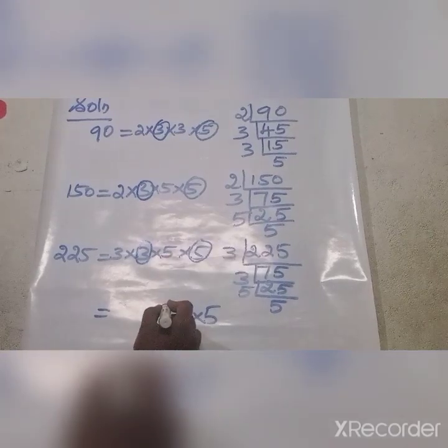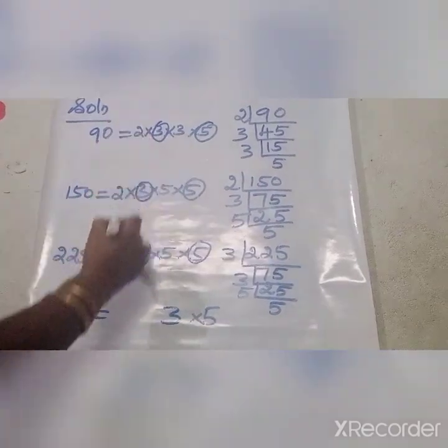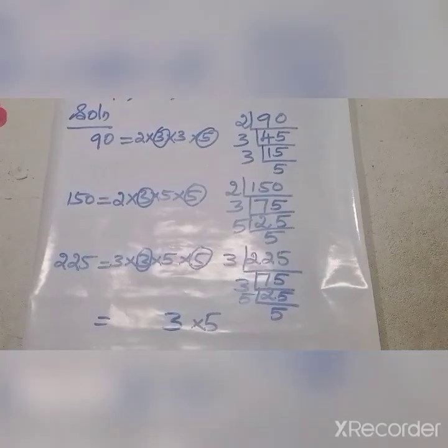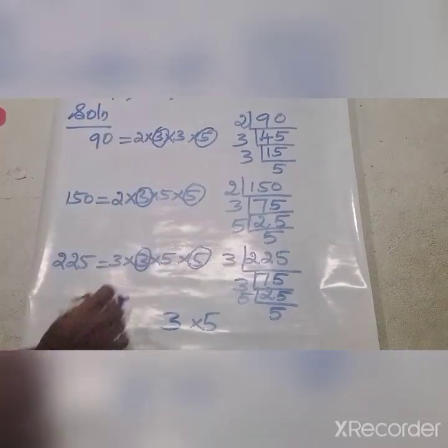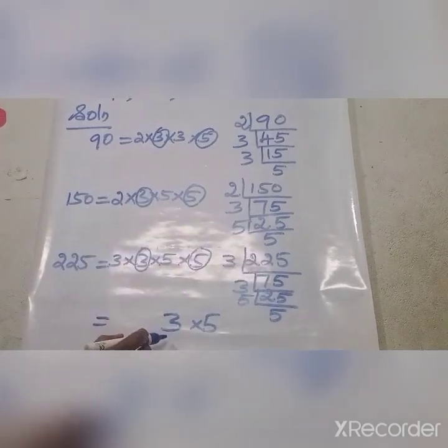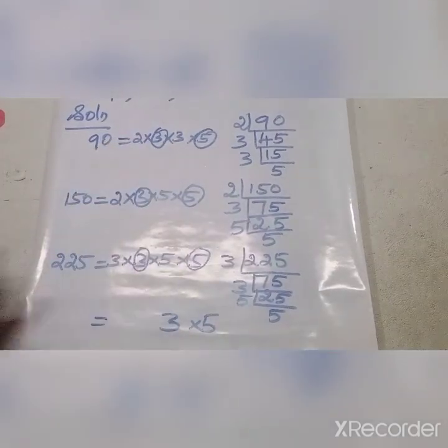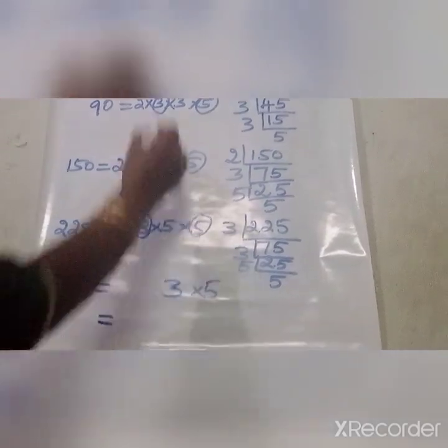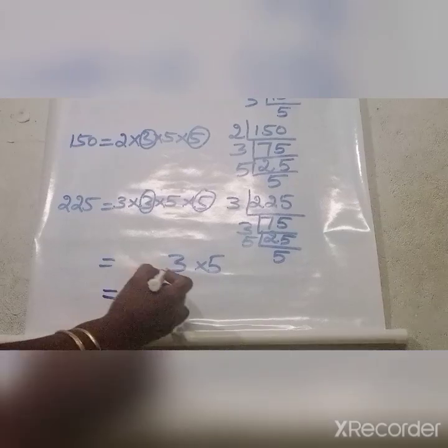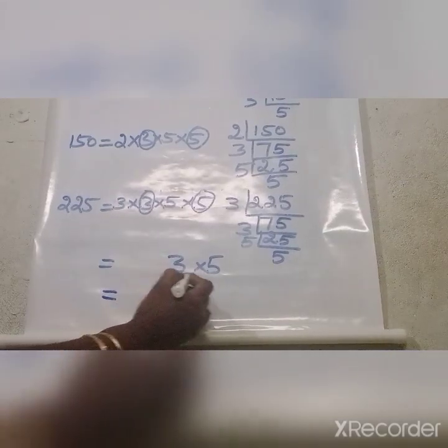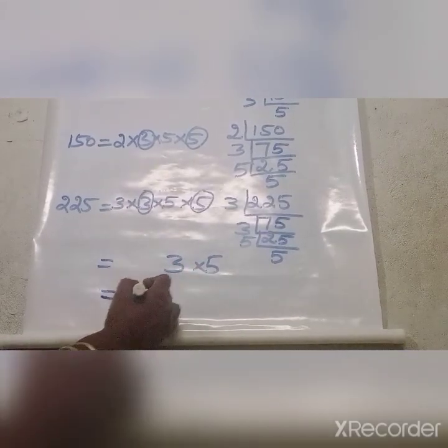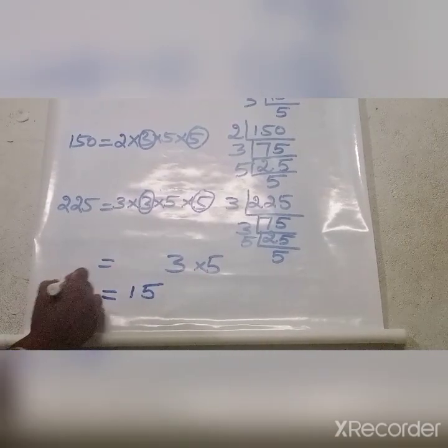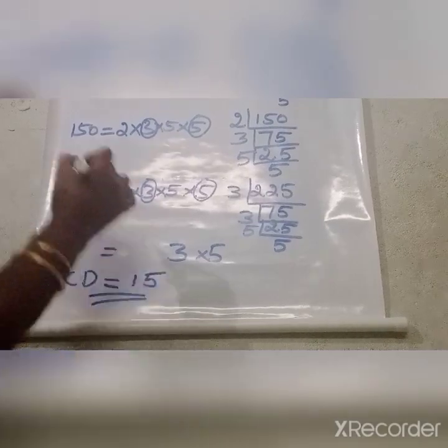So 3 can be chosen. The remaining terms we cannot choose. Why not? They are not common factors for all the 3 terms. Only the numbers that are common for all the terms alone we have to select. Understand? So 3 and 5 are the common factors for all 3 numbers. So that alone we have to select. So now 3 into 5 we have to multiply. 3 5s are 15. Therefore GCD equals 15. Understand?